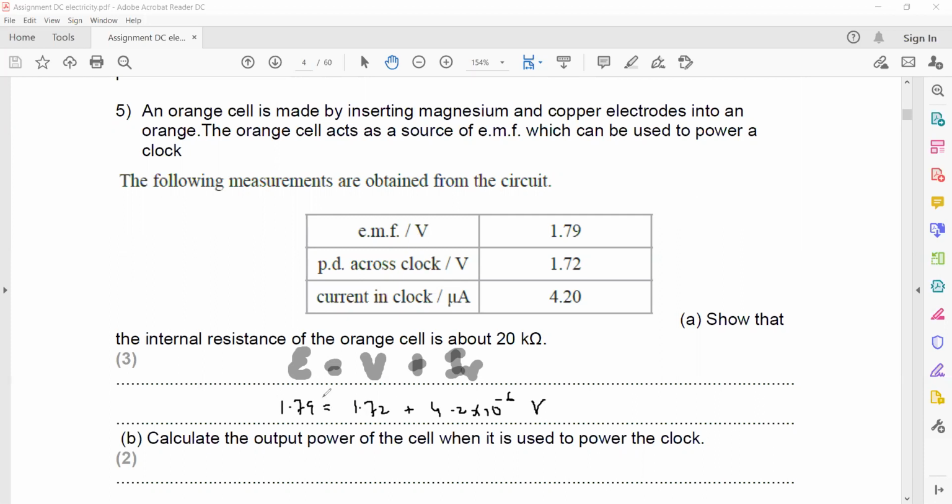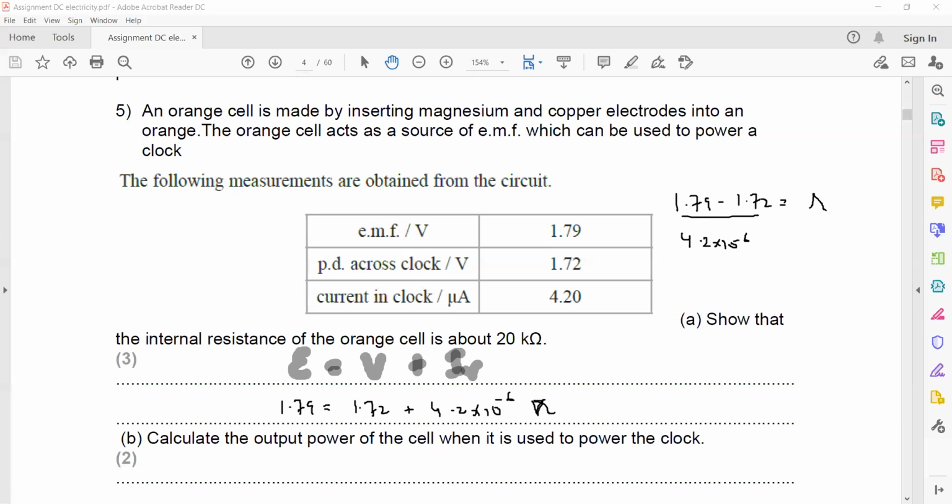1.72 is added, other side it will be subtracted, so it will be 1.79 minus 1.72, and 4.2 into 10 to the power minus 6 is multiplied with r, other side it will divide, so this will be divided by 4.2 into 10 to the power minus 6. We will get the internal resistance r.